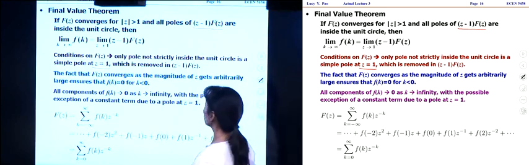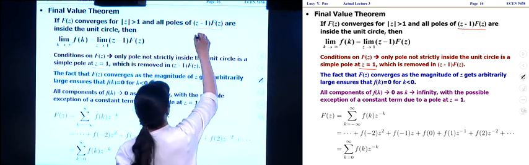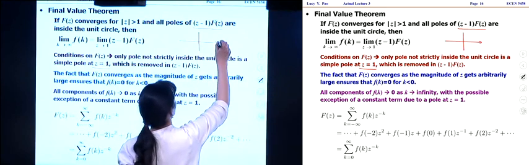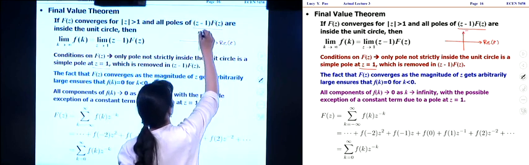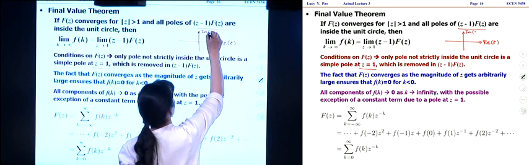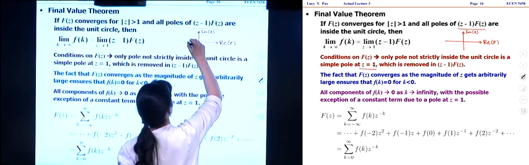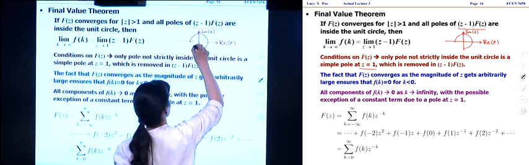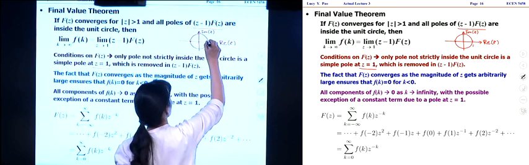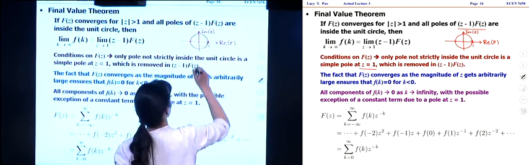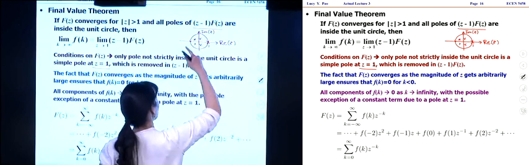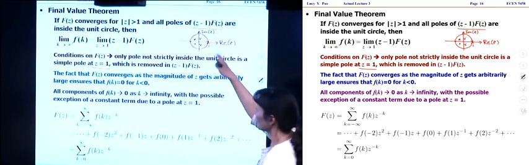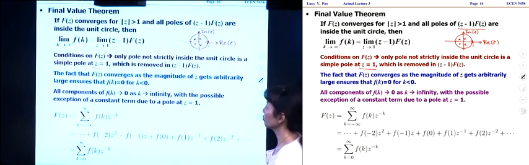So if you have your z-plane, and let's say this is the unit circle, you might have a simple pole at z equal to 1. All the other poles, let's take them in complex conjugate pairs, have to be strictly inside the unit circle.